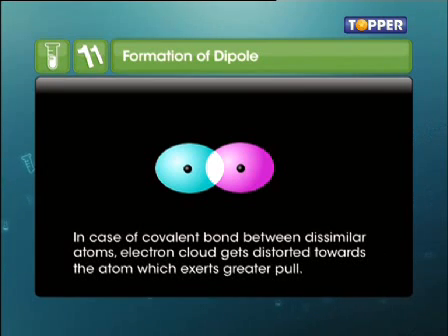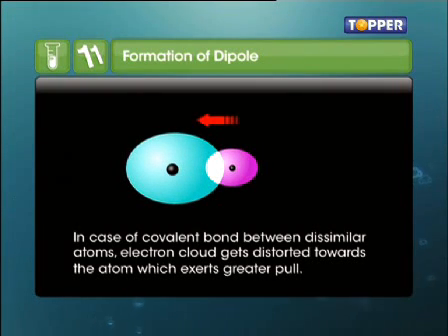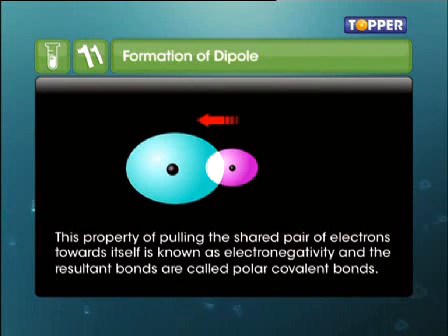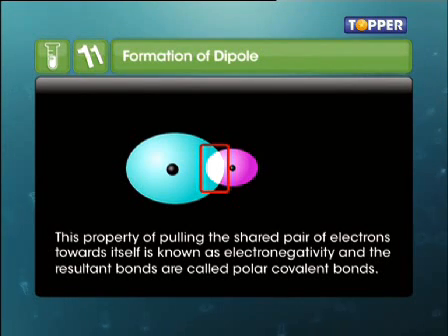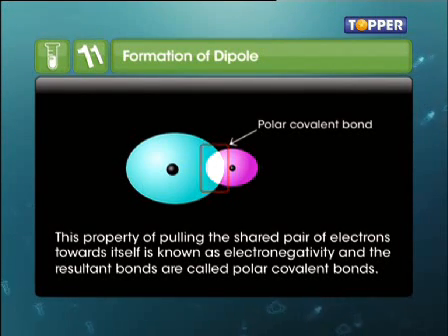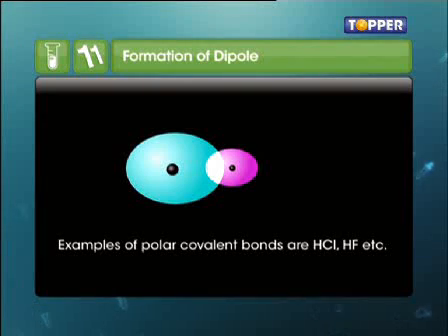When two dissimilar atoms form a covalent bond, the electron cloud gets distorted towards the atom, which exerts a greater pull.